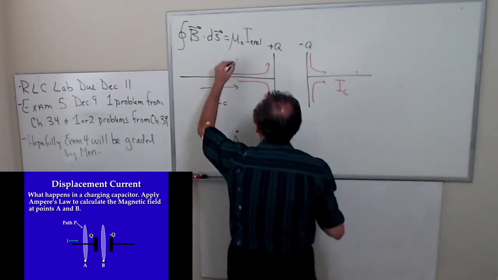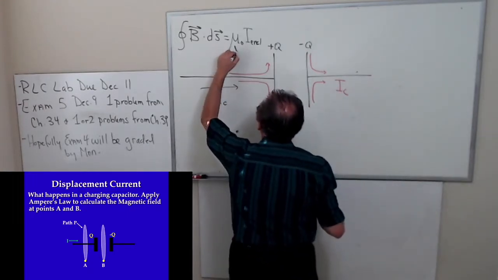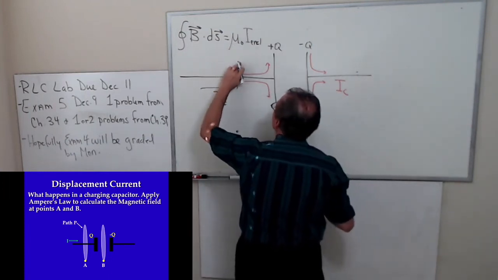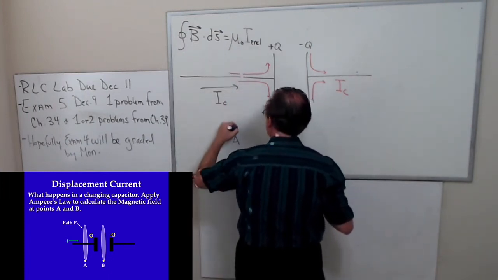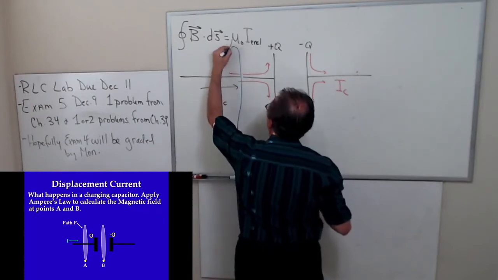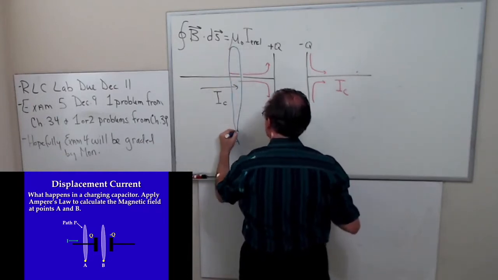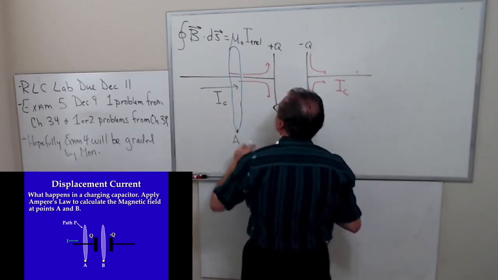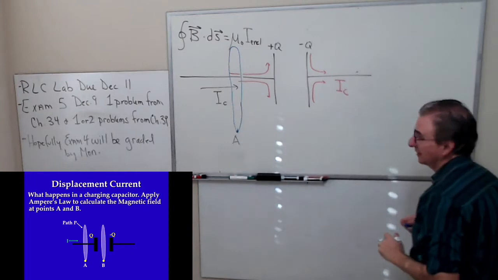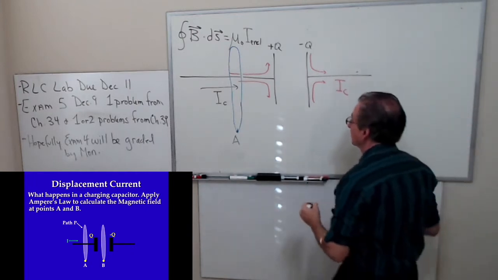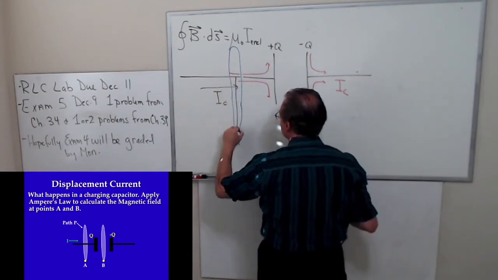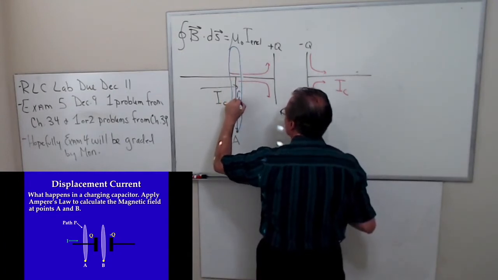So let me draw a loop. Actually, let me use a different color. There's my loop, okay, and I didn't draw it very symmetrically, but this is the radius of the loop. We'll call it R sub A.